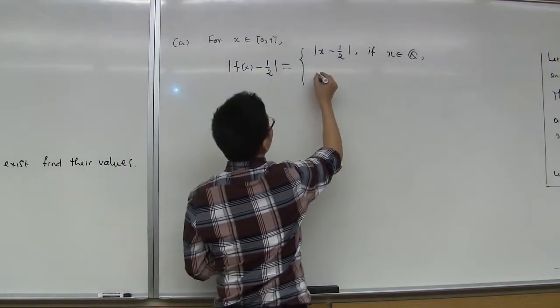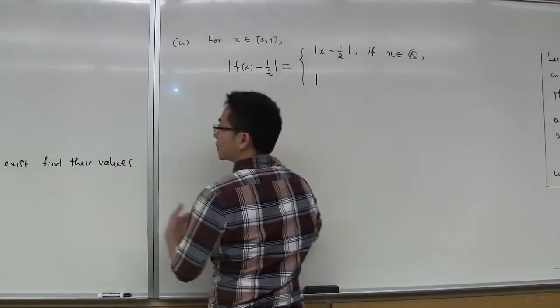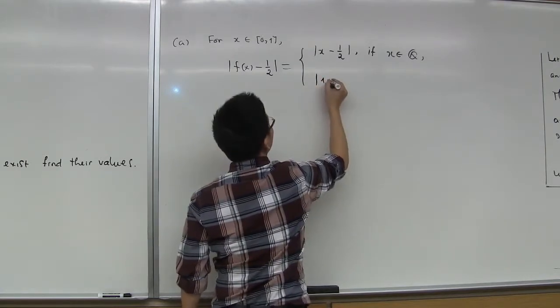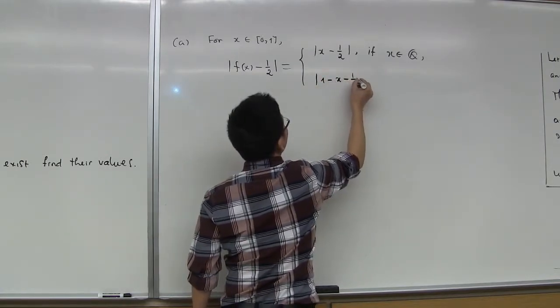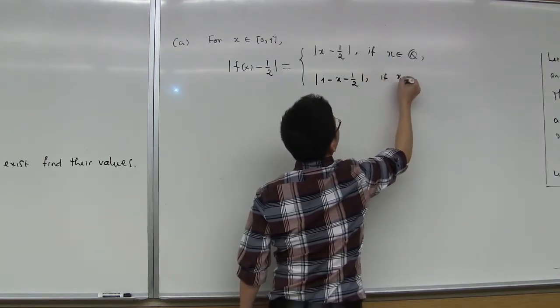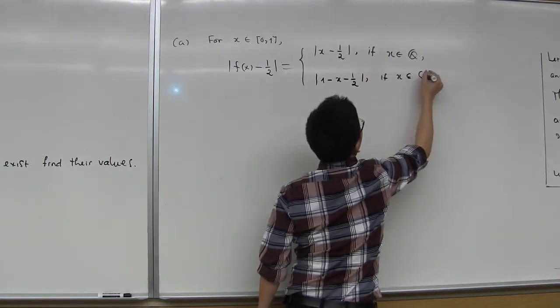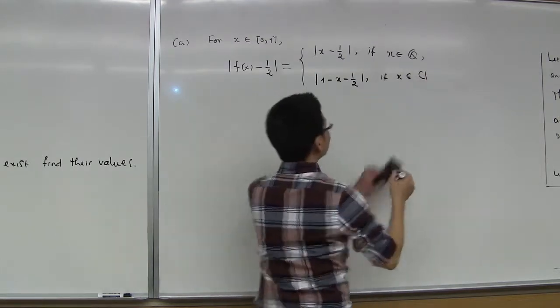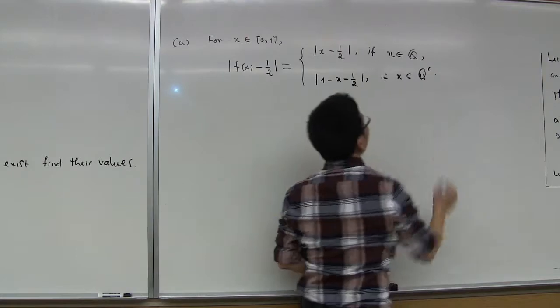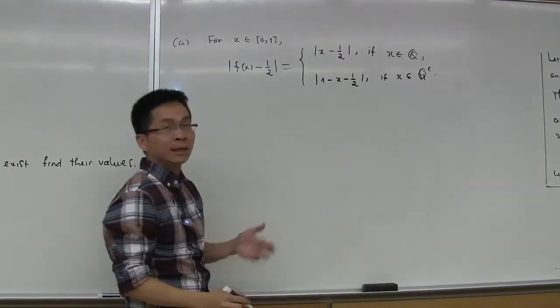In the second case, if x is irrational, it is going to be the absolute value of 1 minus x minus 1/2 if x is in the complement of Q, that means in the set of all irrational numbers.